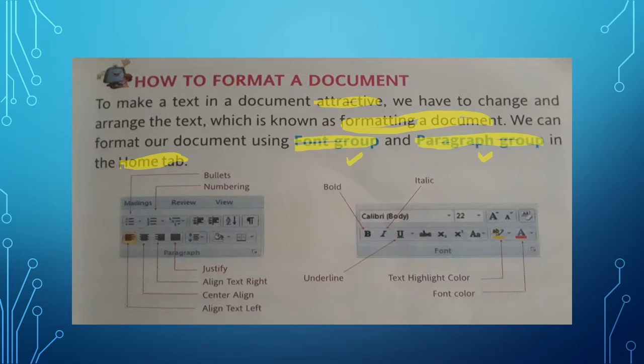In these groups you will find so many things like bullets, numbering, justify, align text right, align center, align text left. All these things you will find here in these groups. And like bold, if you want to bold your text, you just click on bold, italic, underline, text highlighting color, font color, and so many things you will find in these groups.